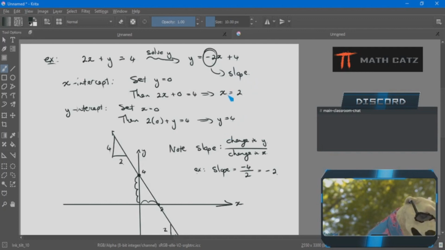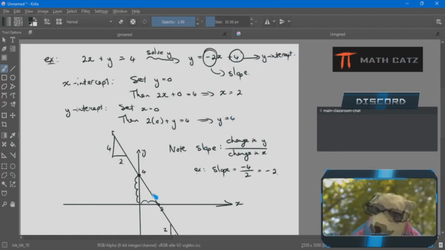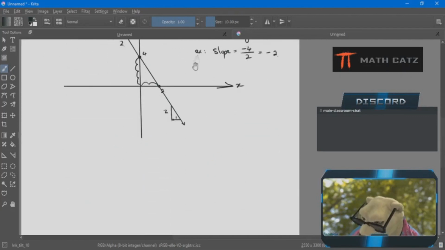It's always going to be the slope. Also note that this 4, the constant term that I get when I solve for y, is always going to be the y-intercept, because I get the y-intercept by setting x equal to 0, and then I would exactly get that extra constant term.